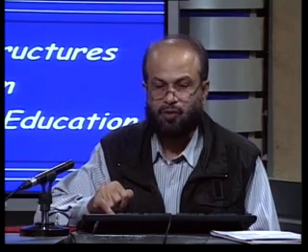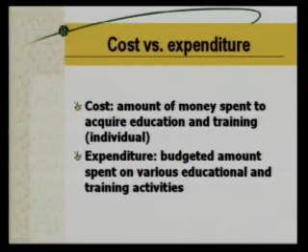I will take you to the first transparency to distinguish between cost and expenditure. As you would notice from the PowerPoint presentation, the cost is basically calculated from the individual point of view and expenditure is calculated from the provider's point of view, say in our case the government or the university. When an individual spends money to acquire that education and training, from the individual student's point of view, it will be cost.